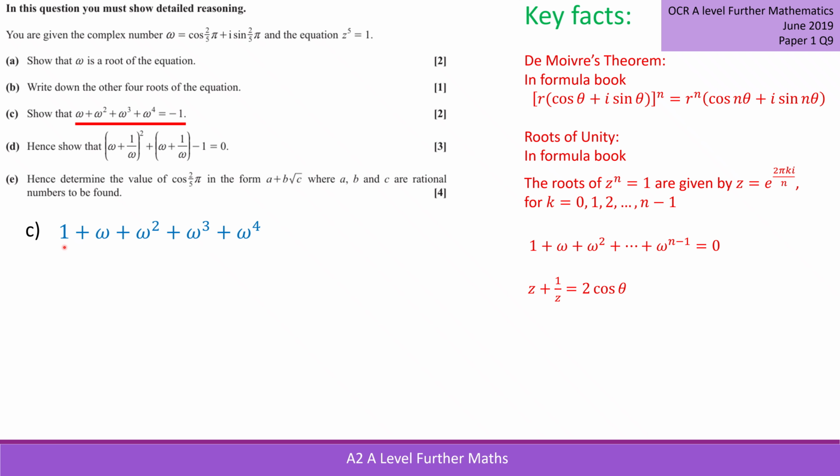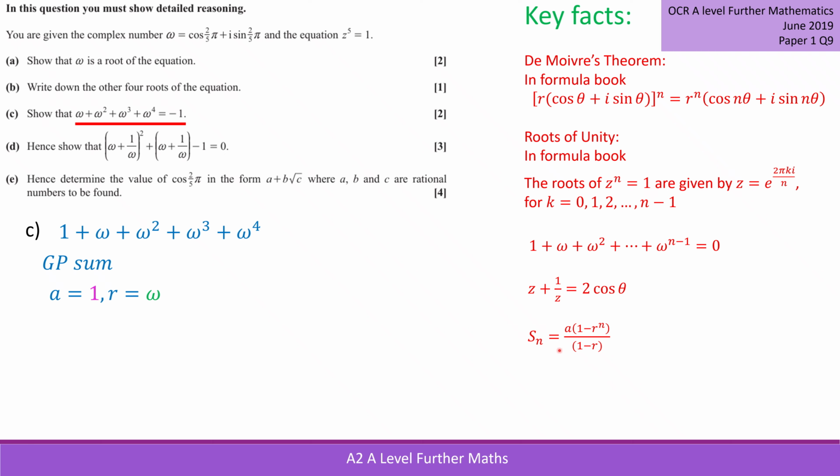We know it's geometric because each term is multiplying by omega, so there's a common ratio between each term rather than a common difference. My first term is A, and my common ratio is my second term divided by my first term, so omega divided by 1 is omega. So we have a GP with A of 1 and R equal to omega.